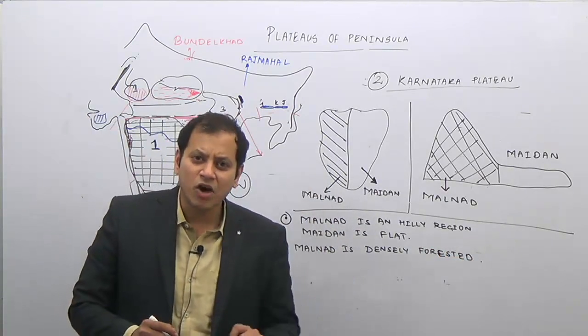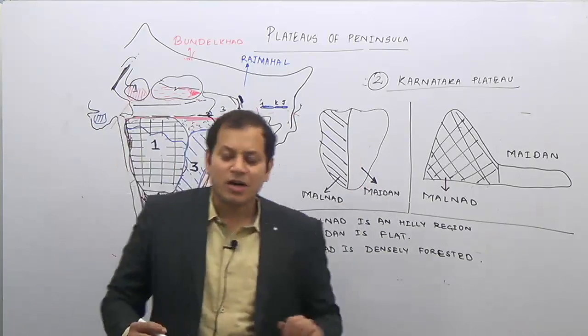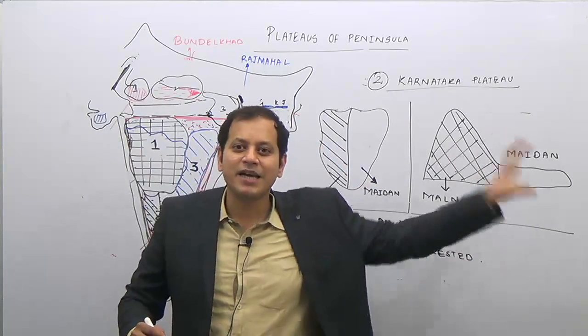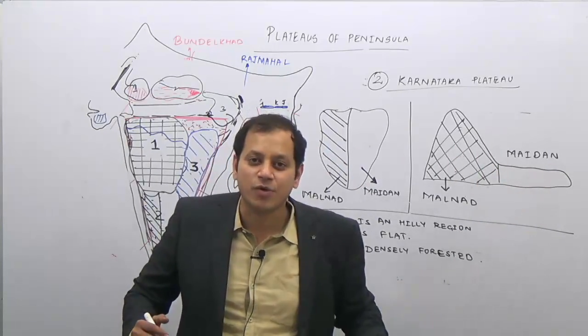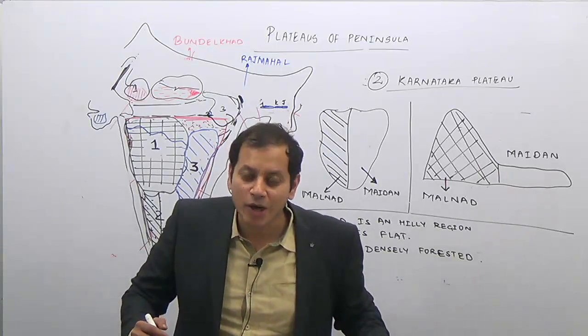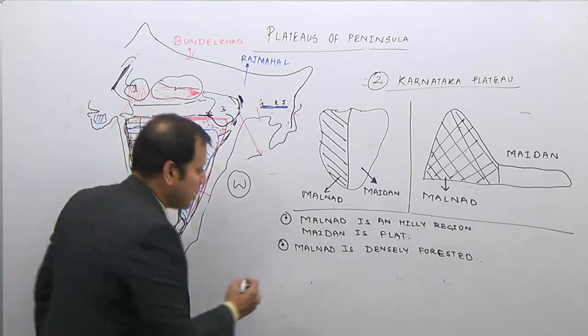Now, what about the rocks of the Karnataka Plateau region? If you remember the geology, where in India is the oldest rock found, in which state? In Karnataka. Which was that rock? Archean rock. So it is one of the oldest rocks.